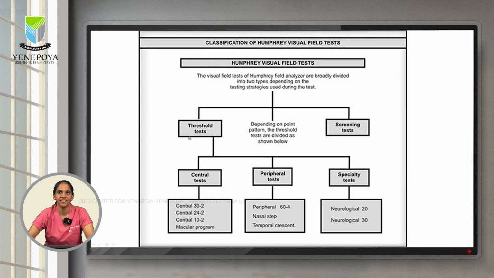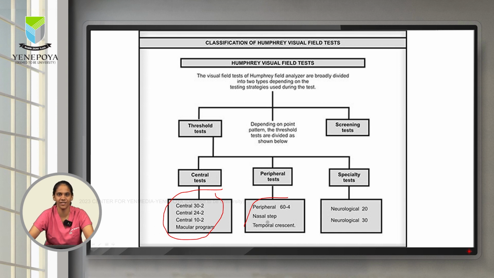Let's talk about classification of the Humphrey visual field tests. Okay, a lot of this will be very familiar to you because you yourself would have ordered these tests for your patient. Central 30-2, Central 24-2, Central 10-2, the macular program and all of that. And then come your peripheral tests, the peripheral 60-4, the nasal step and the temporal crescent.